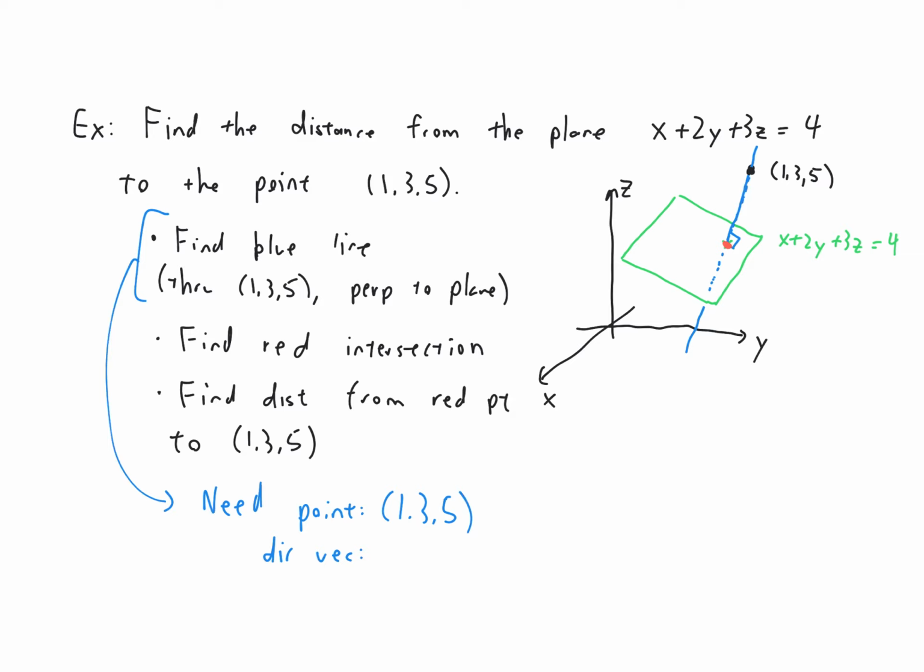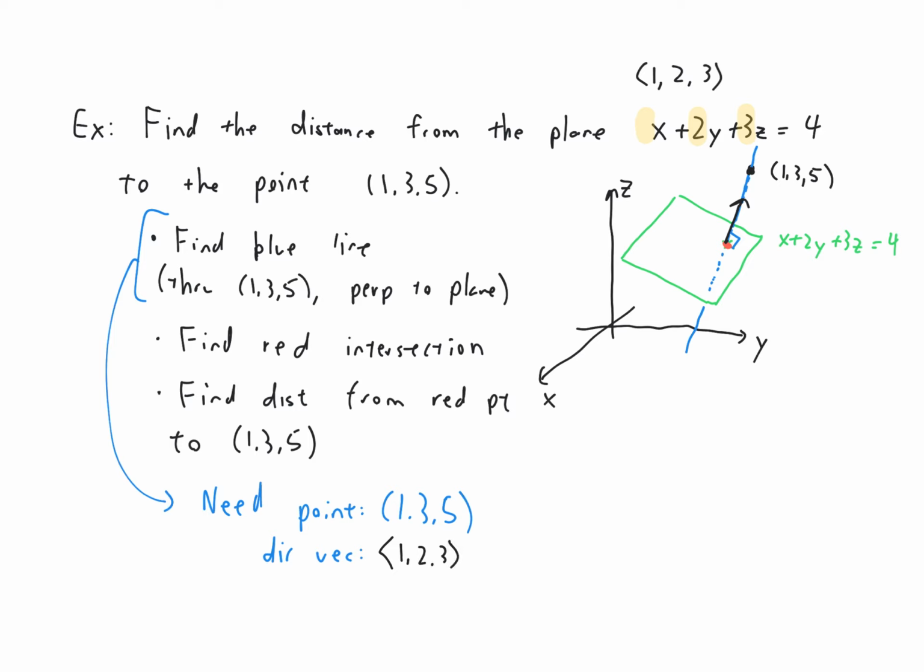And the direction vector for this blue line could be the same, and it should be the same, as the normal vector to the plane. So the normal vector to the plane, you can remember that we can just read this off as the coefficients of our equation for the plane. The normal vector to the plane is 1, 2, 3, and that also serves as the direction vector.